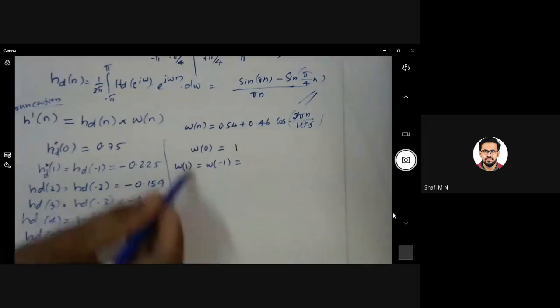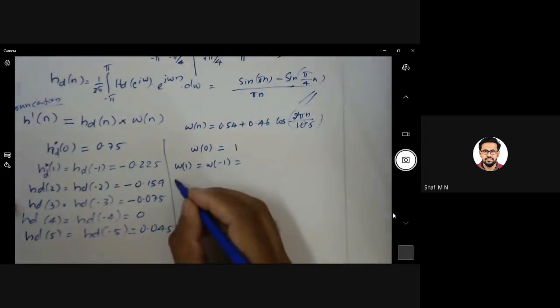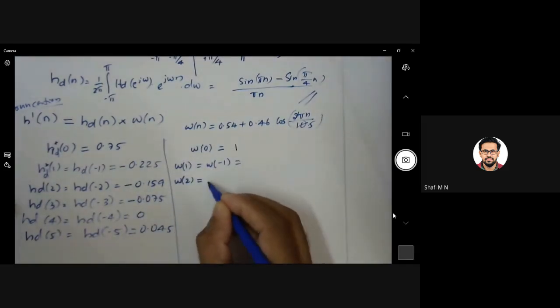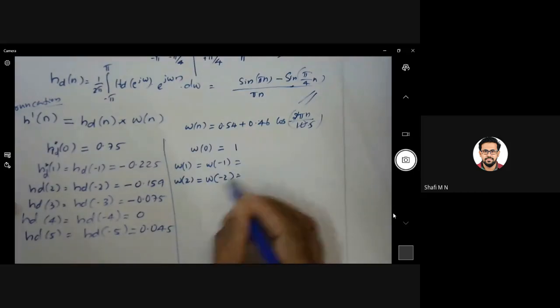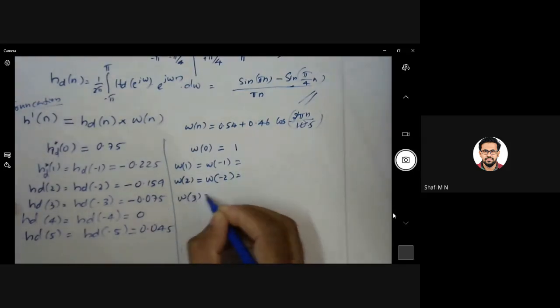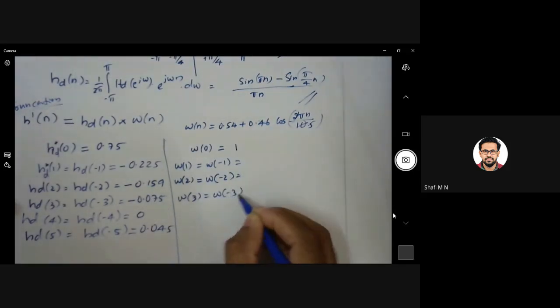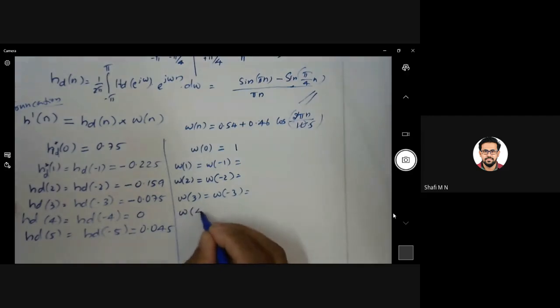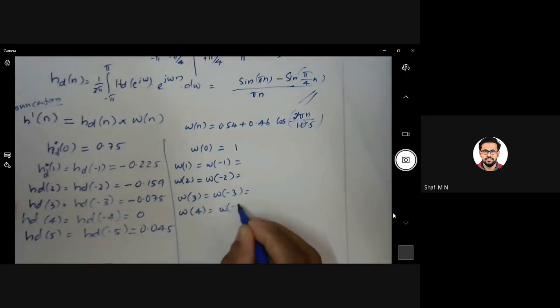Others compute the remaining values. Say the next value, w of 2, that is equal to w of minus 2. If you have any doubts, you can ask now, or you can compute the values. I'll give you 2 minutes to solve all these values.